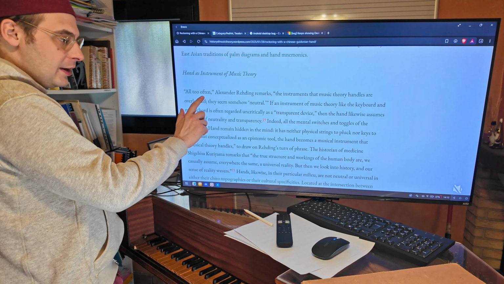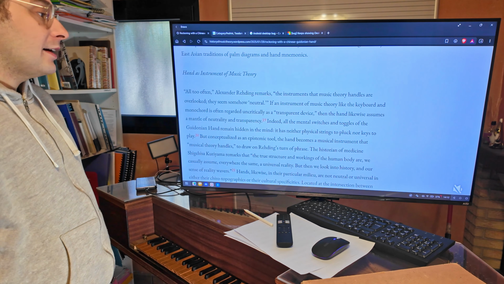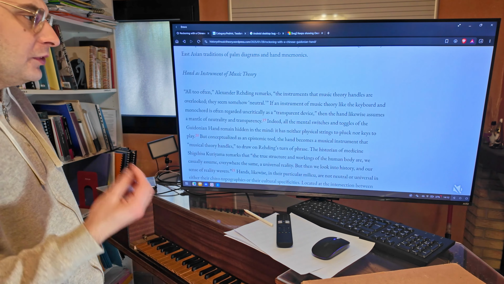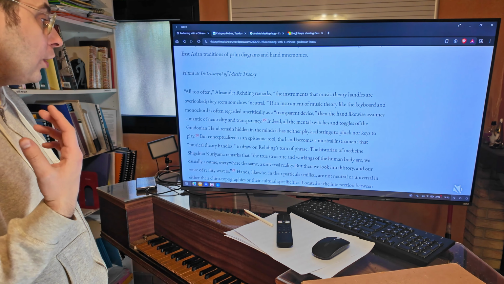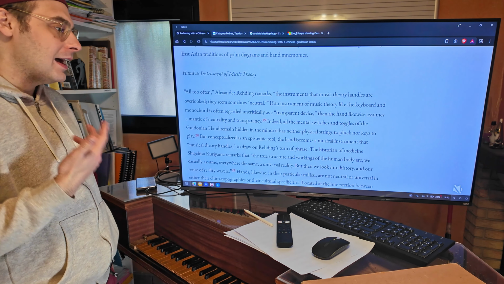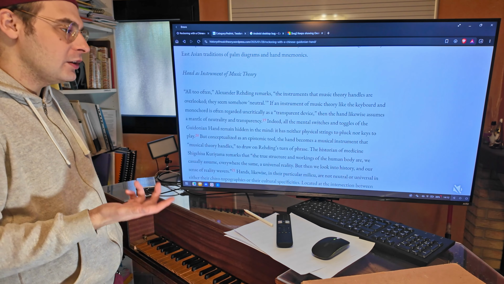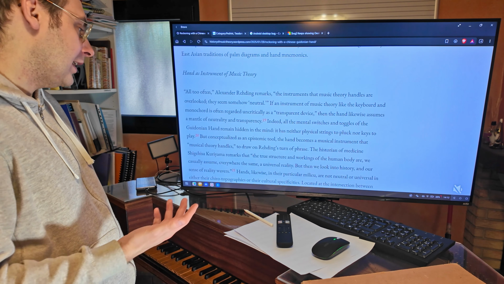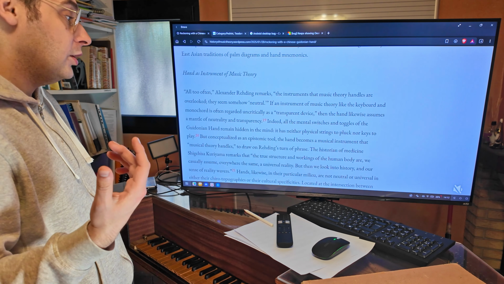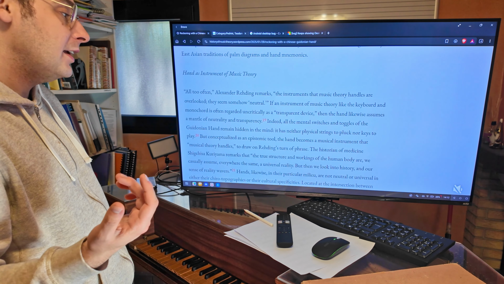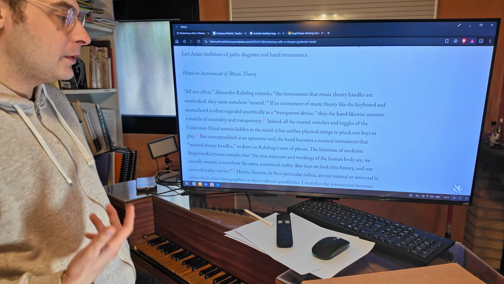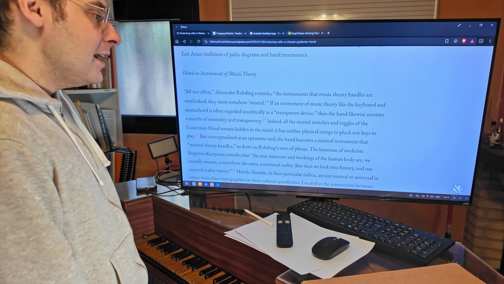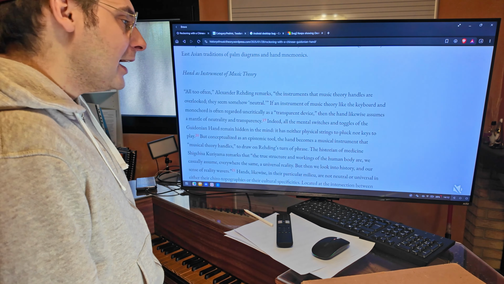All too often, Alexander Redding remarks, the instruments that music theory handles are overlooked. They seem somehow neutral. If an instrument of music theory like the keyboard and the monochord is often regarded uncritically as a transparent device, then the hand likewise assumes a mantle of neutrality and transparency.